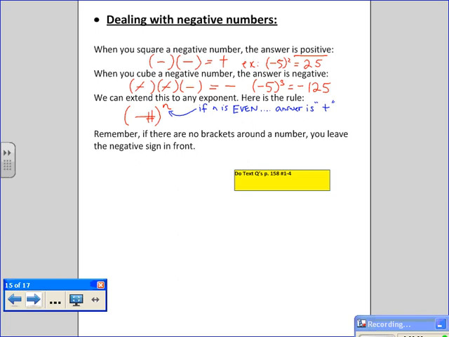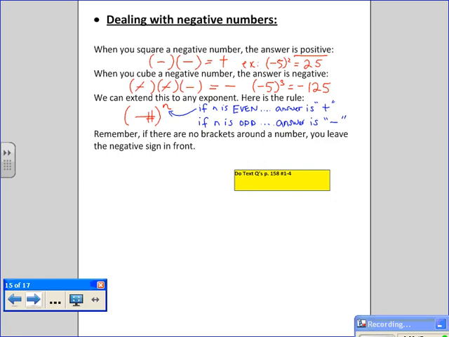If n is odd, so for example, if n is 3, 5, 7, if it's an odd number, the answer will always come out to be negative. That's just a really simple rule of thumb for you.